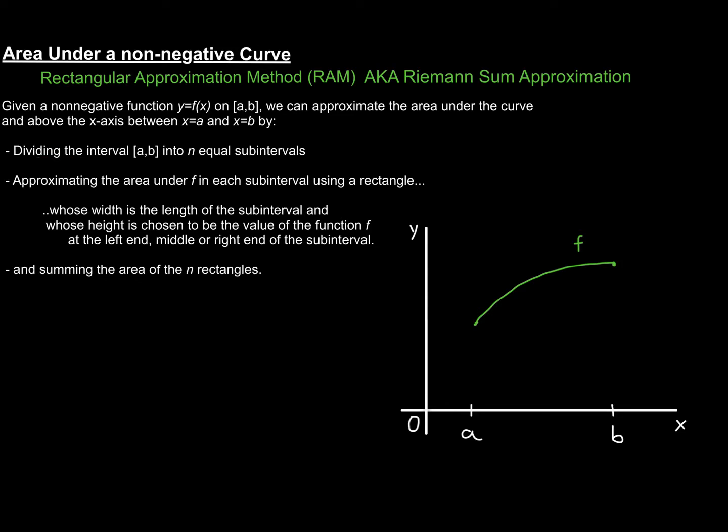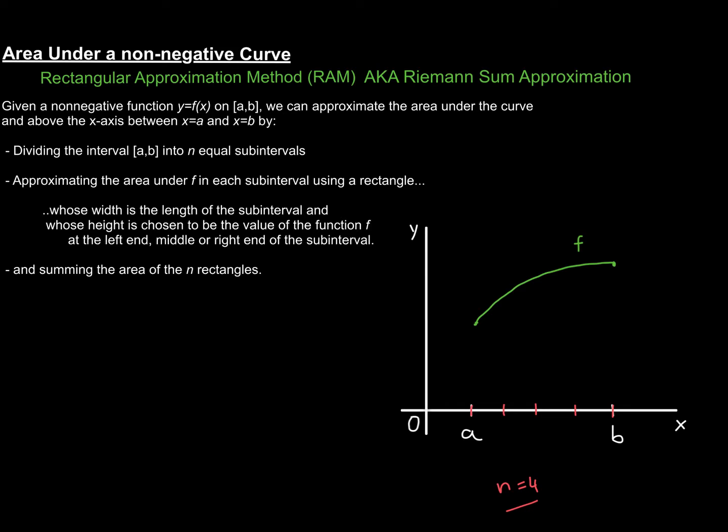So the first thing we're going to do is divide the interval from a to b into n equal subintervals. You will either be told the number of intervals that you need to split your area from a to b into, or you'll have the option to choose on your own. In this situation, I'm going to choose to split my interval from a to b into 4 equal subintervals.